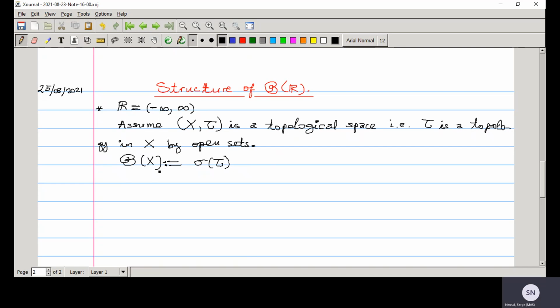So this is the definition. On R, we have our open sets, which are open intervals, and the sigma algebra generated by the open intervals in R gives us BR.